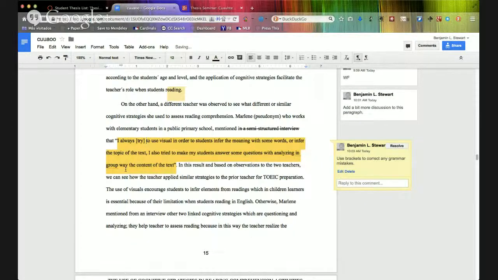I didn't know if I could correct that. But you put it in brackets the correct way. So check the rest of this and make those changes there.